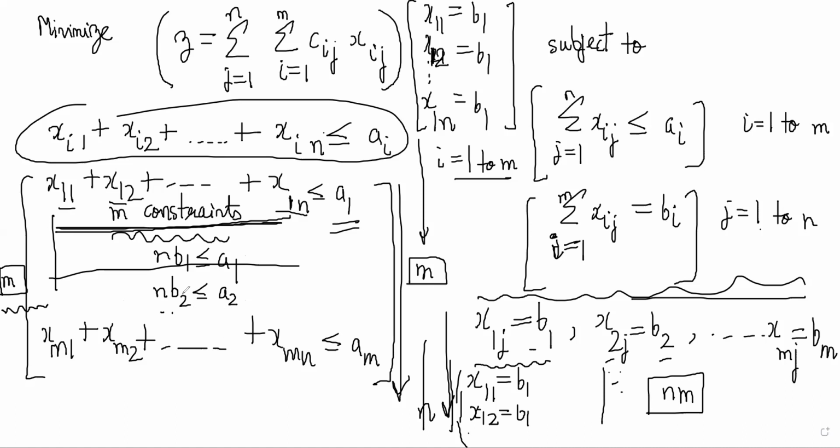This is going on till bm. So bm to am. Last term will be bm less than or equal to am. And we have to minimize this thing.